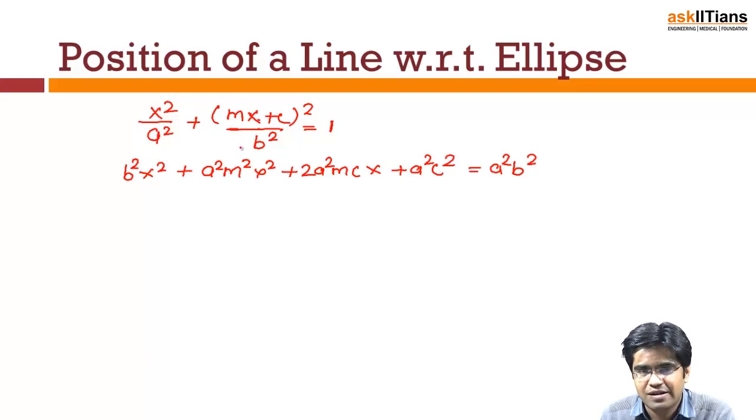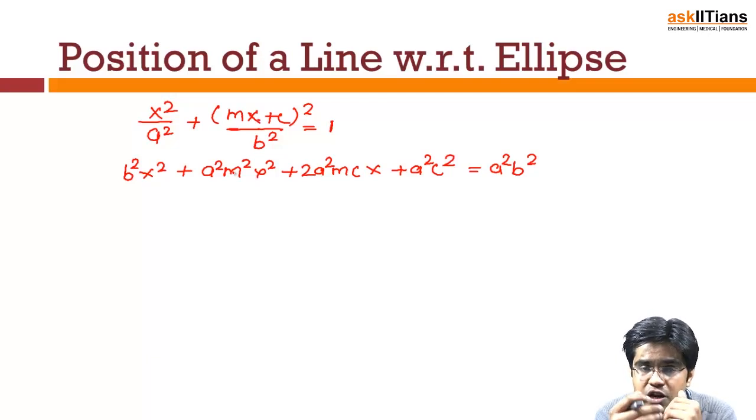Now I can clearly see that this equation is a quadratic in x. It's a quadratic in m as well. So if it's a quadratic in x, then whatever number of solutions this equation gives us are the possible values of x.